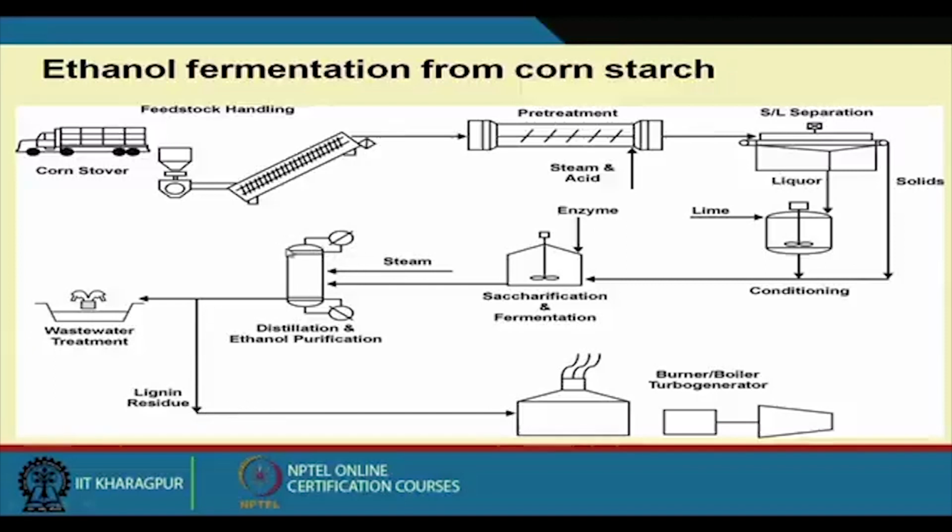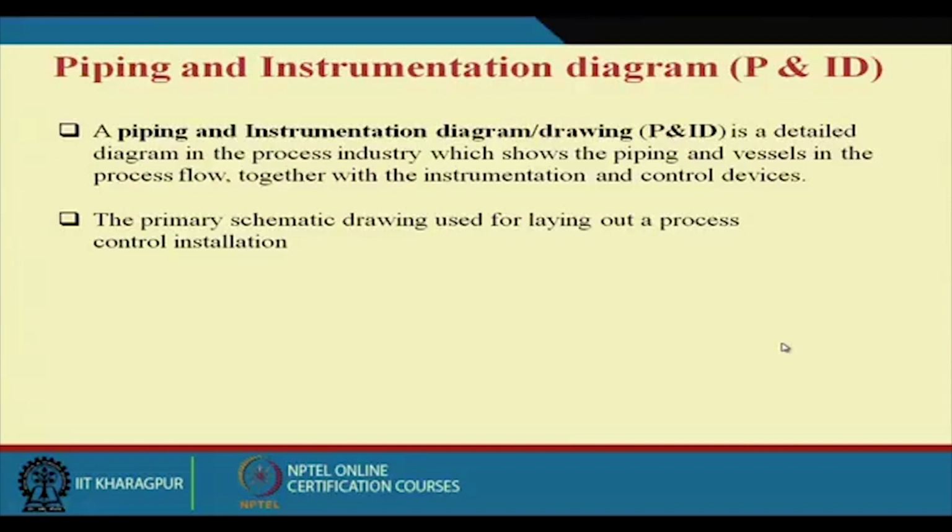From the top you can separate out the ethanol, and some solid material you can take out here and use for running the boilers, the heating for the boiler to generate the steam. So this is one typical example of a process flow diagram, showing how corn starch can be converted to ethanol.